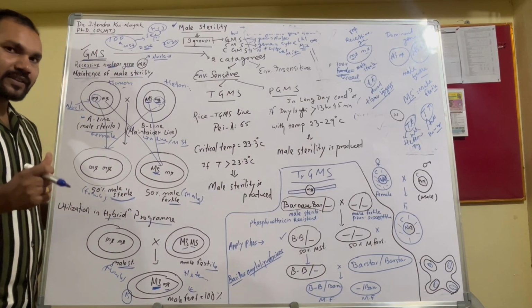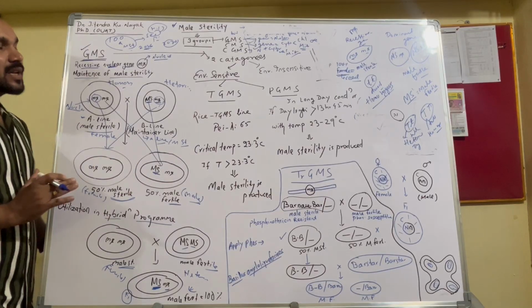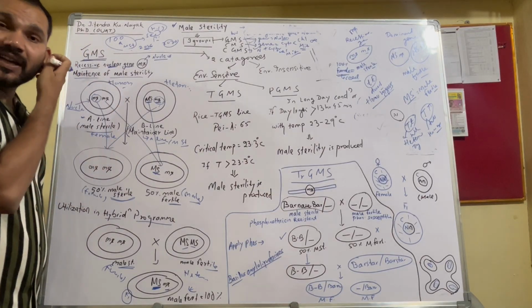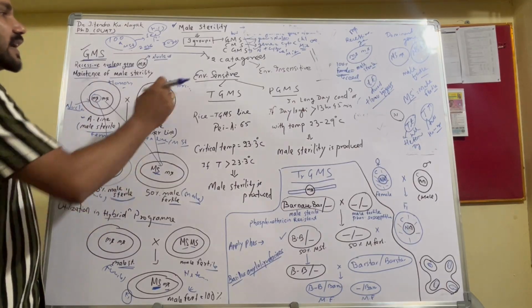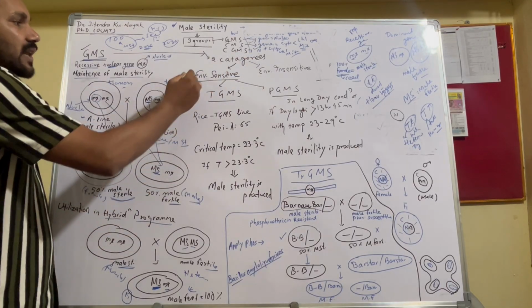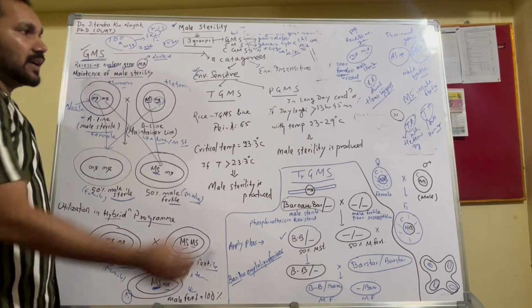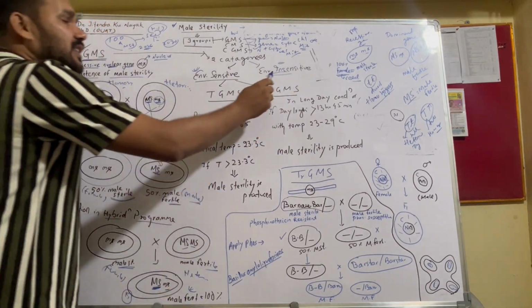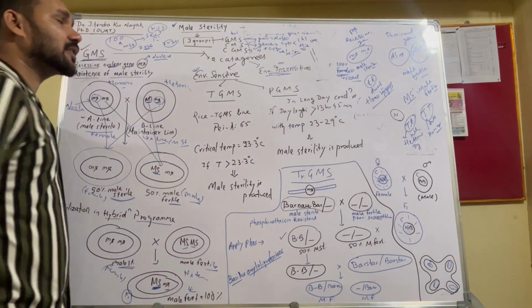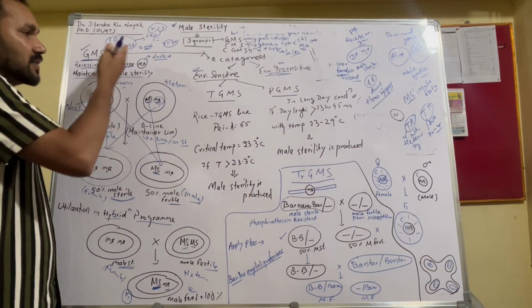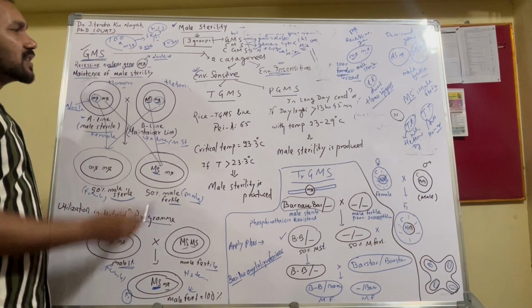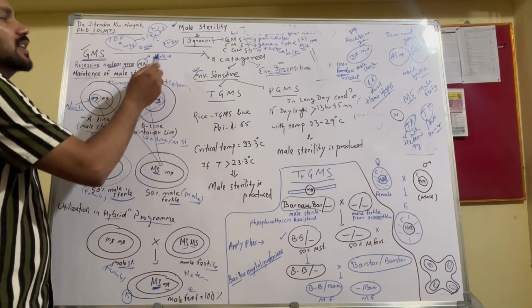I think you have understood this part. Now this genetic male sterility, based upon environmental sensitivity, is again divided into two categories: environmental sensitive and environmental insensitive. Environmental insensitive means the male sterile gene I am having is not affected by the environment.